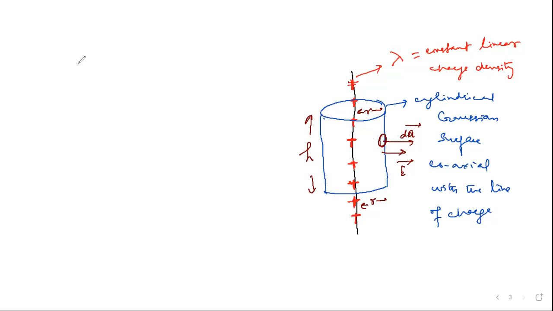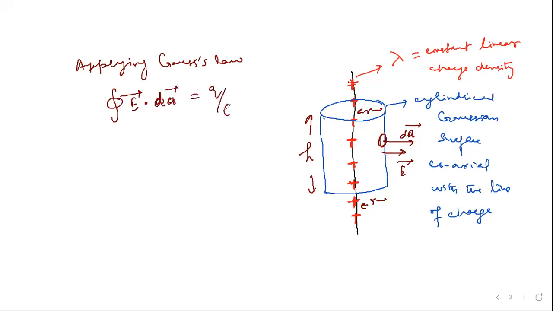So applying Gauss's law, closed integral E dot dA is equal to Q by epsilon naught. It will be my first equation.